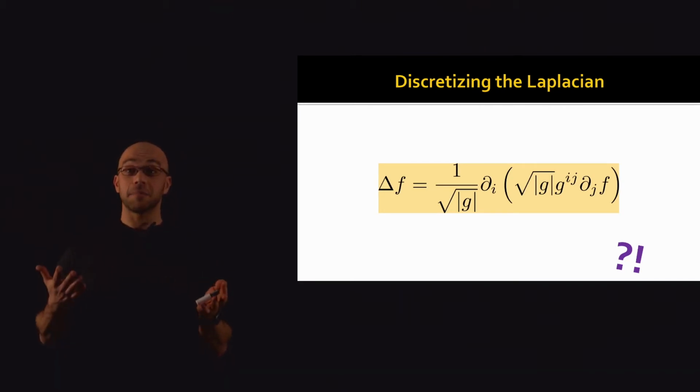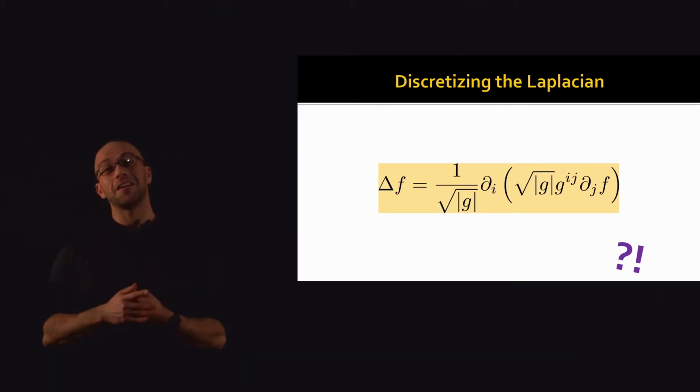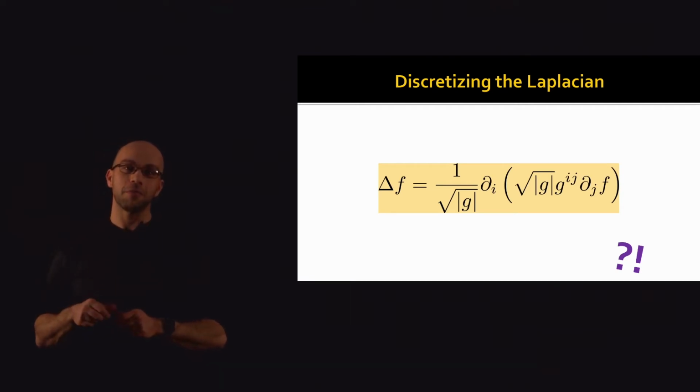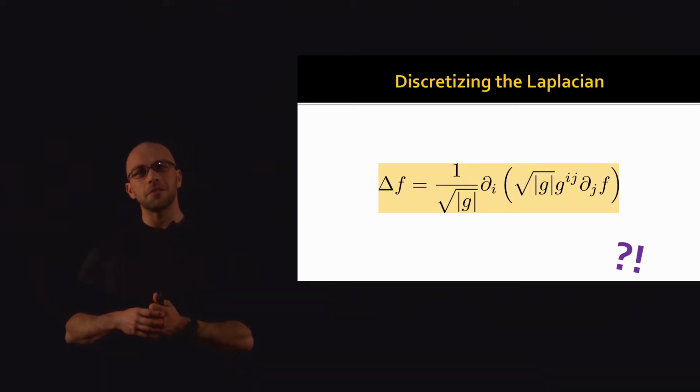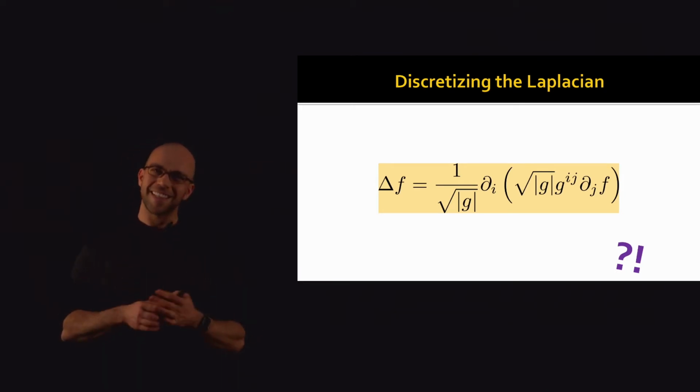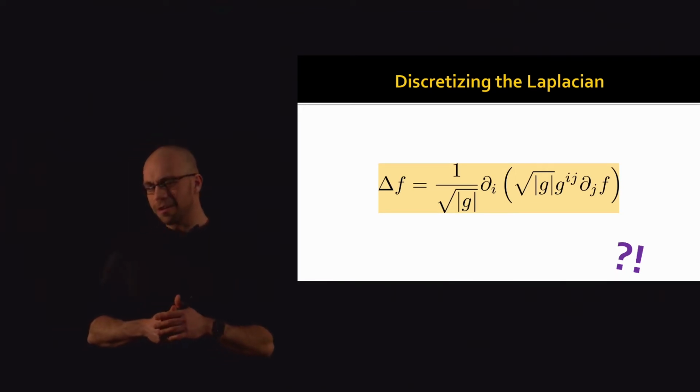Now, that isn't to say that people haven't managed. There are many different discrete Laplacians out there, and for just about every smooth formula you can find, somebody's tried to discretize it. But the question is whether there are more natural and frankly nice looking approaches that can lead you to the same operator without all of the excruciating pain here.